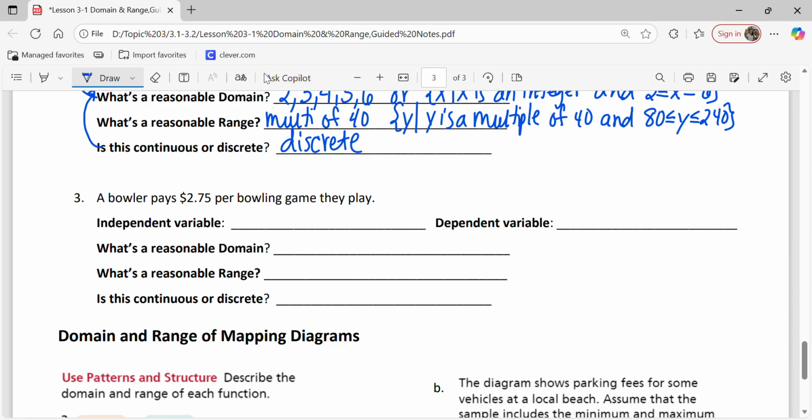A bowler pays $2.75 per bowling game they play. Independent would be number of tickets. Sorry, number of games played. Dependent would be total cost. So reasonable domain, x has to be an integer.